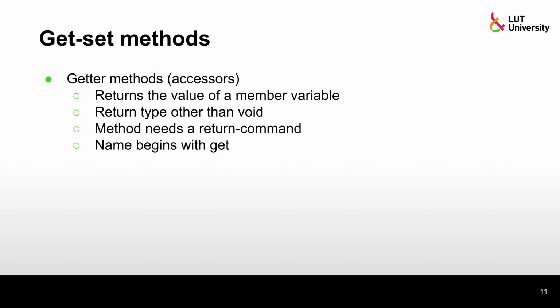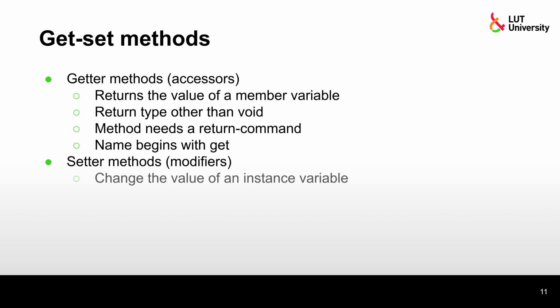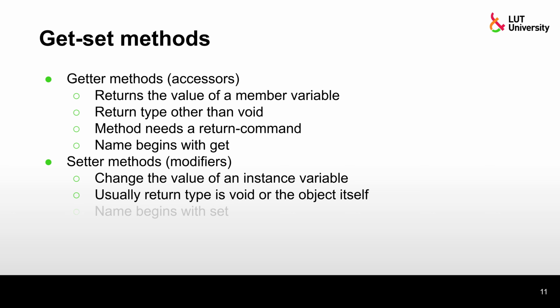So you might have a rocket and then getCargo, so it's returning the cargo from the rocket. Then we have setter methods, modifiers. They change the value of the instance variable. Usually the return type is void or the object itself, and the name begins with set.